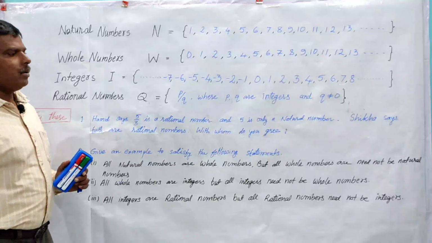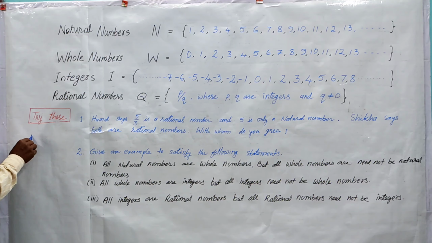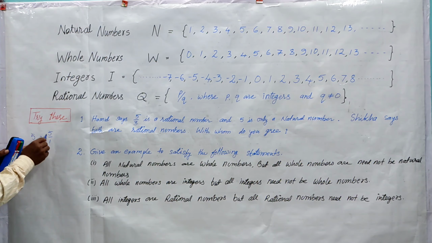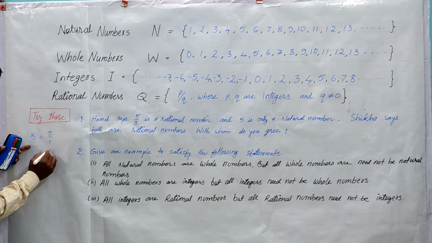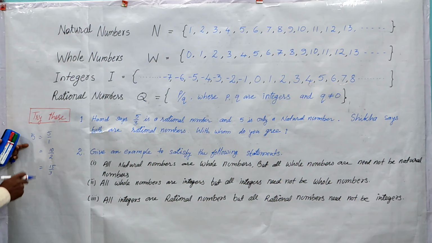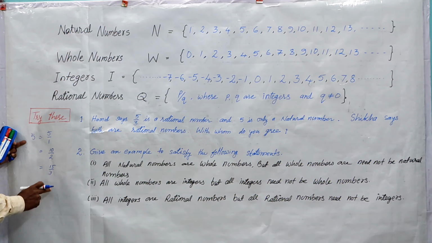Now what about 5? 5 is equal to 5 by 1, or we can write 10 by 2, or 15 by 3, like that. So 5 can be written in many ways.